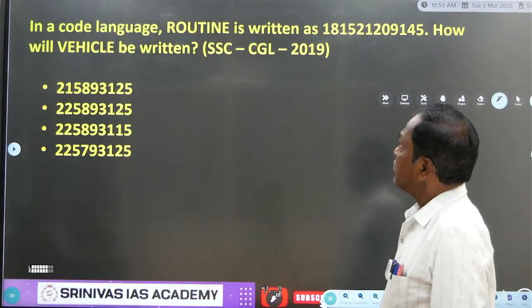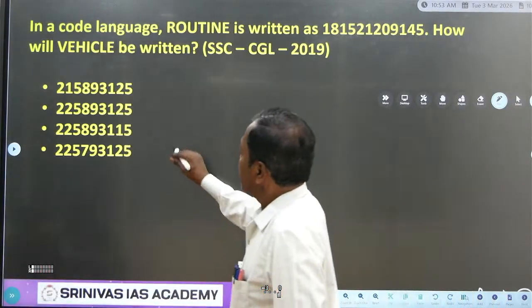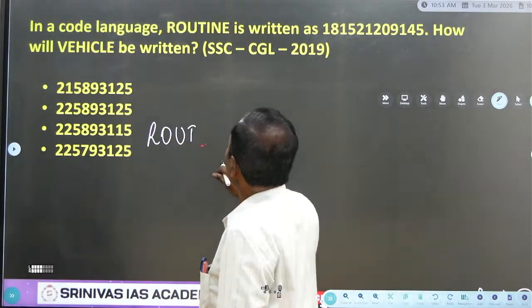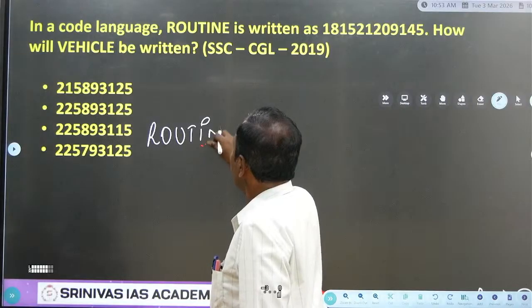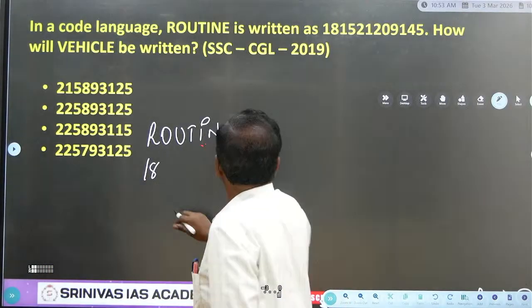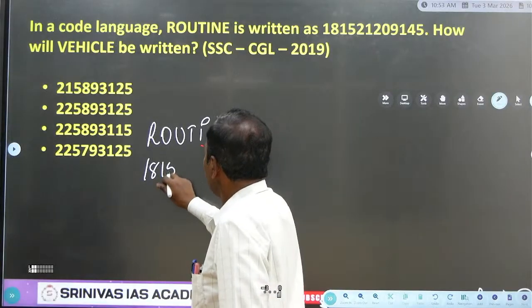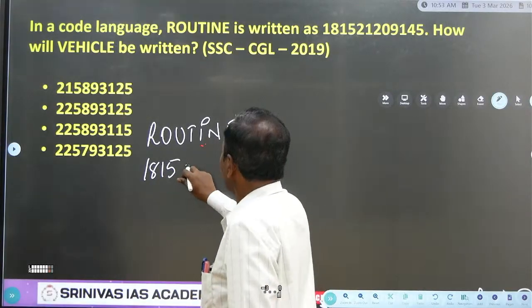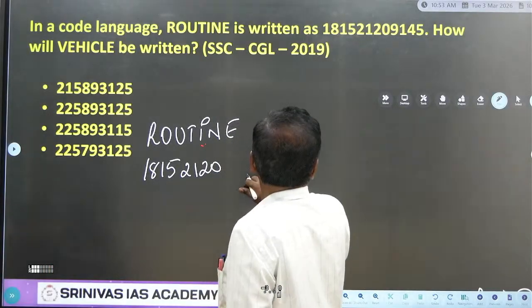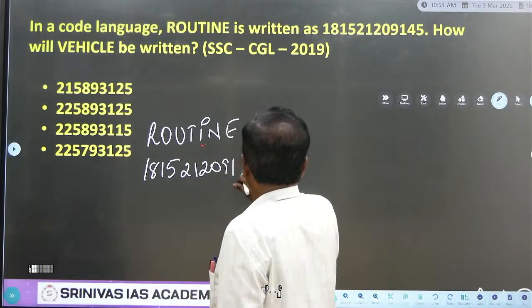In a code language, routine, R-O-U-T-I-N-E, is written as 18, 15, 21, 20, 91, 45.